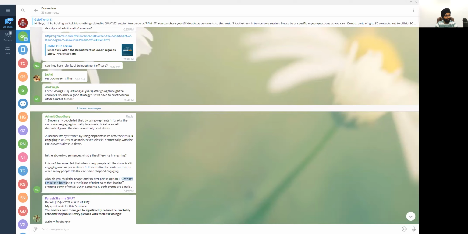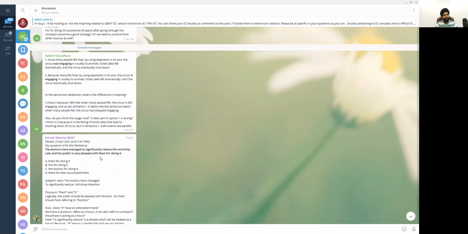The usage of and is wrong, because of the foreign tickets. Now there are a lot of cases where a lot of people actually get confused. They think, okay, there should be a relationship between the first and second part.